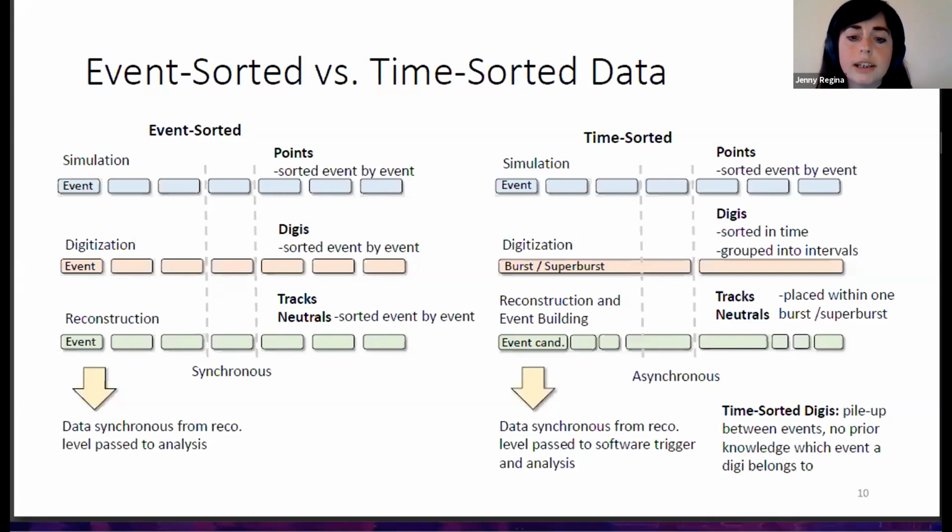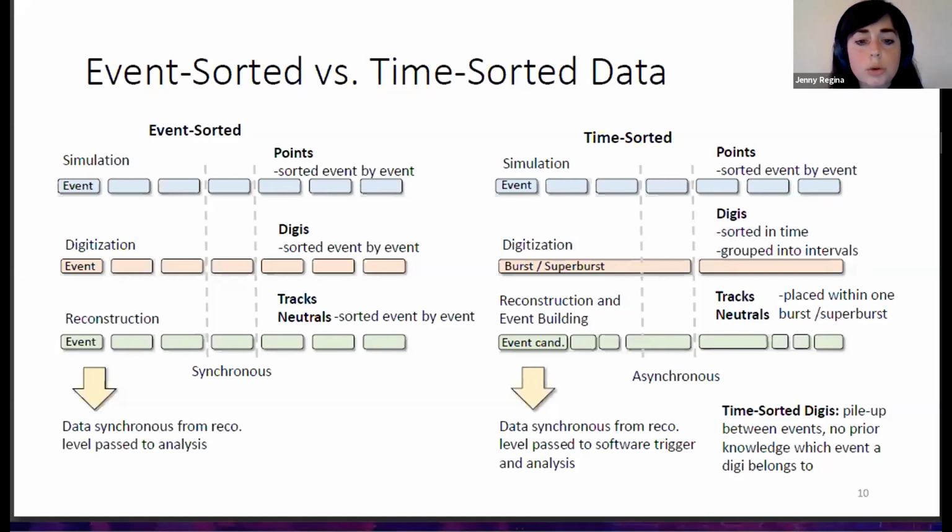However, at the digitization stage, we resort all the digits, so the digitized hits, in time, and then we group them into different intervals. These intervals can, for example, be chosen to be 2000 nanoseconds, which is what I chose for the results that I will show soon.